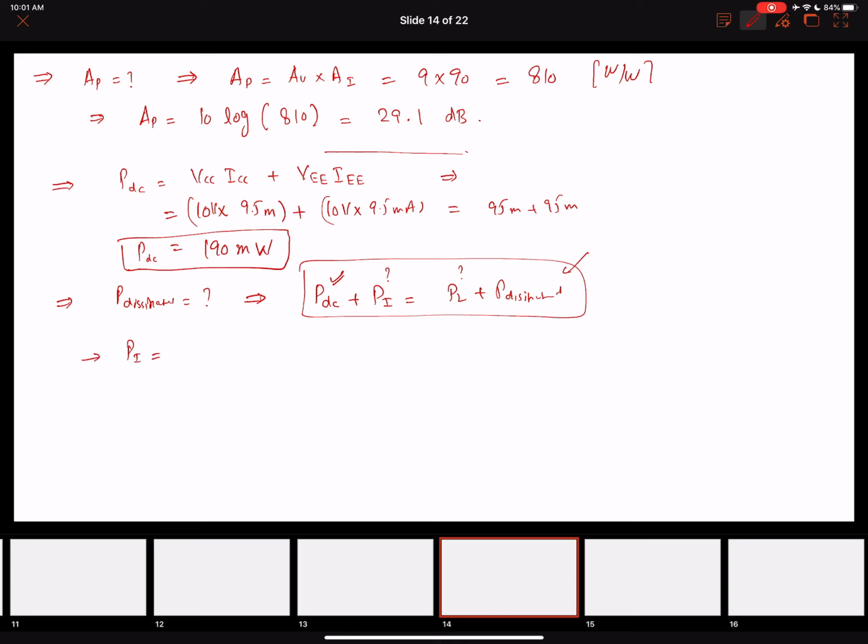The input power that is drawn from the source should be equal to VI, right? And whenever we are talking in terms of power, we need to take the RMS value again.